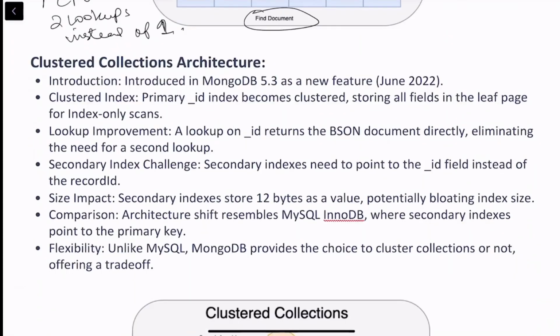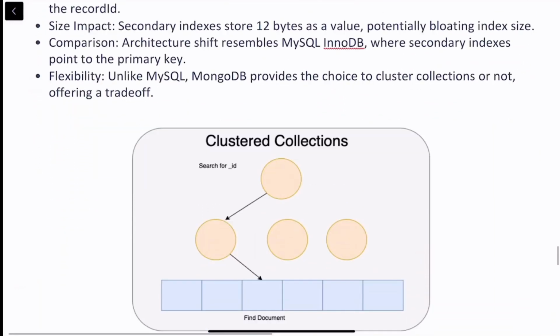Now let's explore a more recent development in the storage engine world for MongoDB, which is the clustered collections architecture. It was introduced very recently in June 2022 in MongoDB version 5.3, and this feature added a new layer to our understanding. In this architecture, the primary index becomes the clustered one, and it will store all the fields for the document. So you don't have two lookups.